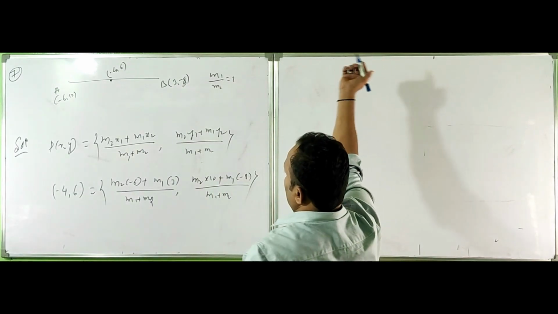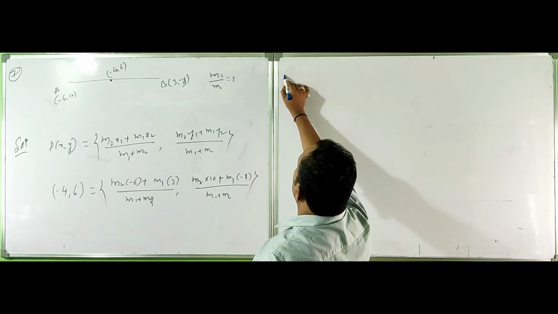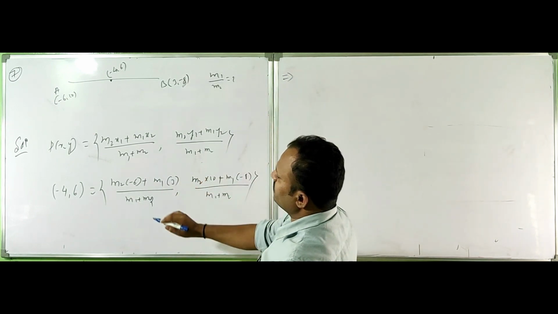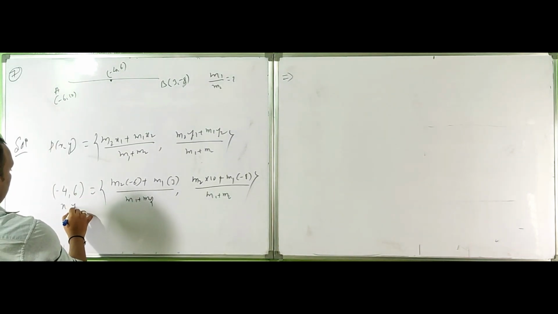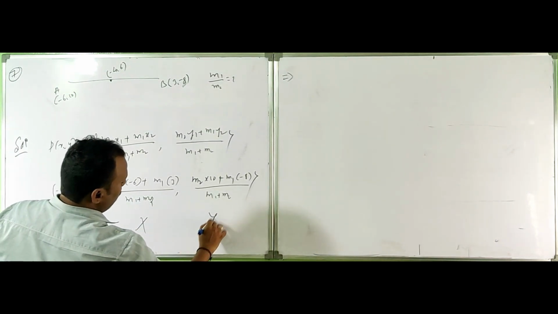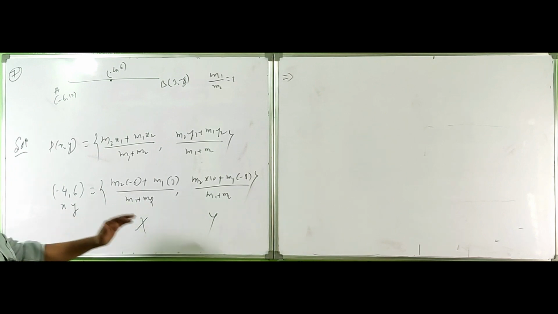This implies, directly I am writing, -4 is equal to, this is x, this is y, this is the whole x, this is the whole y, x becomes x now and y becomes y.